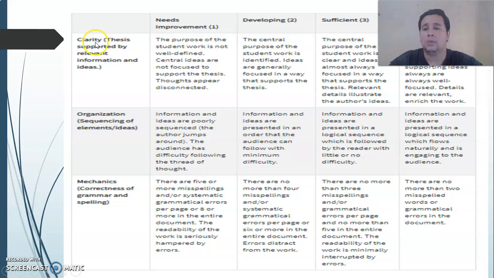We have clarity, organization, and mechanics. Of course, each criterion has its corresponding scale, and of course its corresponding score or number of points for each scale. Okay, this is just an example.